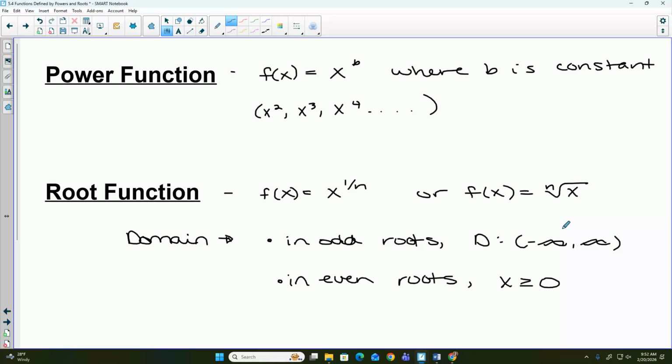If we have the square root of a negative number, we know that gives us what? If I said the square root of negative 4, that gives us an i. So if we're dealing with real numbers, odd roots can have anything under the radical. Even roots have to have non-negative numbers under the radical. Any questions?